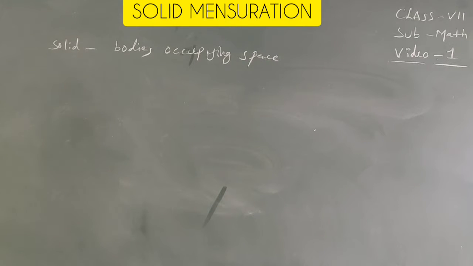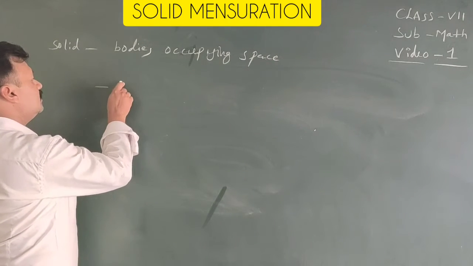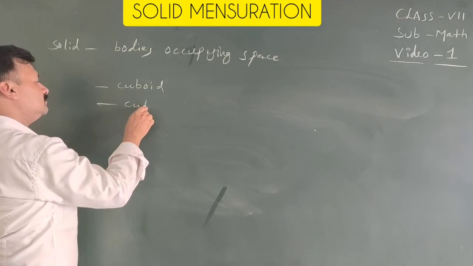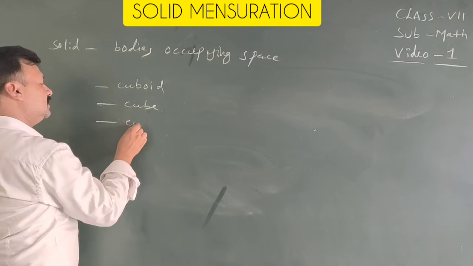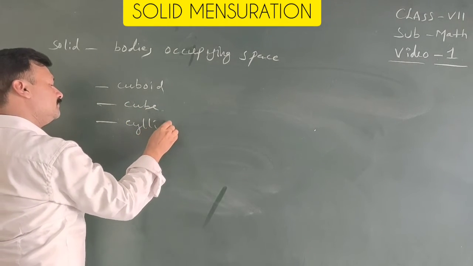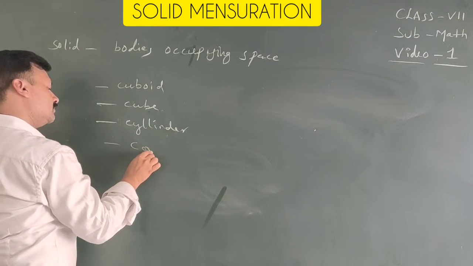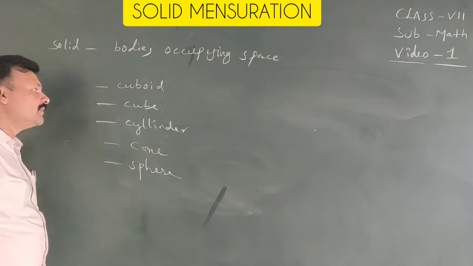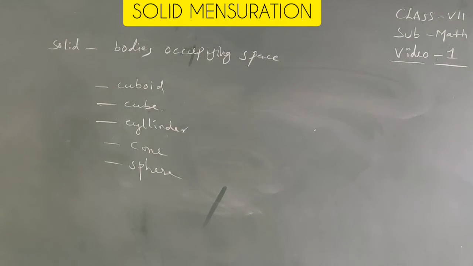With respect to the shape, we can name it as a cuboid, cube, cylinder, cone, sphere. In this way, we can name the given bodies.